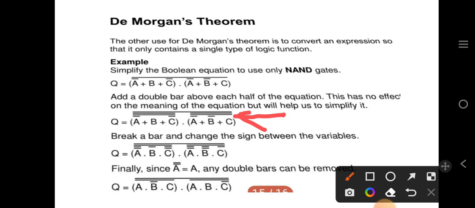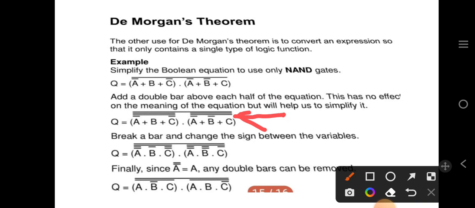Okay, as we know that A double bar is nothing but A. Means if you apply two bars on any variable, this will not change the equation. The output will remain the same. Now break the bar and change the sign between the variables. Now we have to break the bar. Now we have to go from downward to upward. Now we do not split the uppermost bar, just split the bar just now we have implemented.